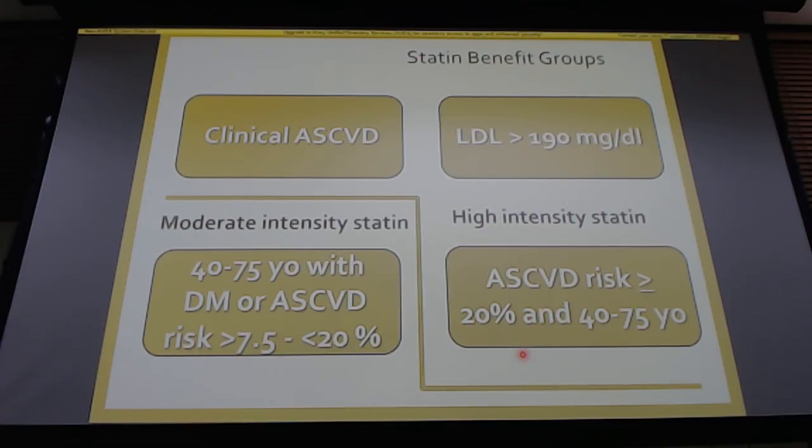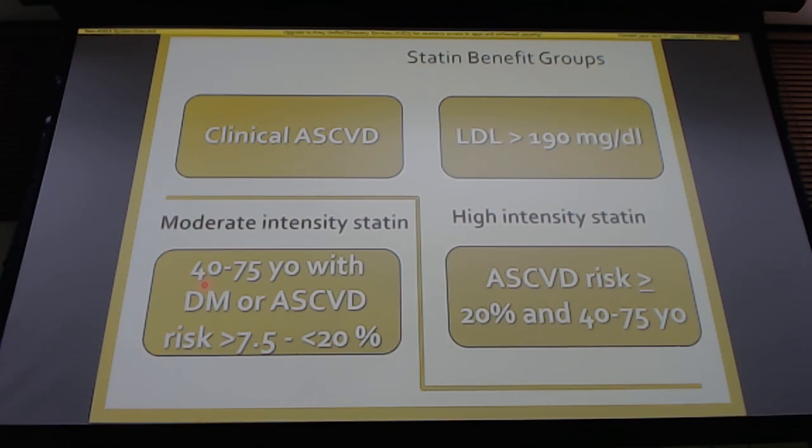They're not young, but they're not old yet. All of these are patients where you're typically trying to say they would benefit from a high intensity statin. Your moderate intensity statin is where most of your patients are going to fall. For moderate intensity statin between the ages of 40 and 75, you're also going to look at their risk to see if you're going to start them on the statin.